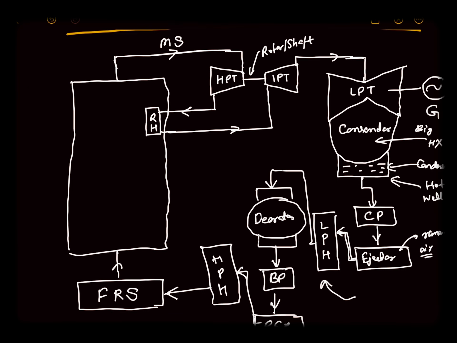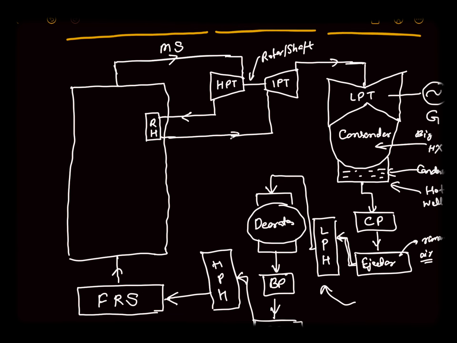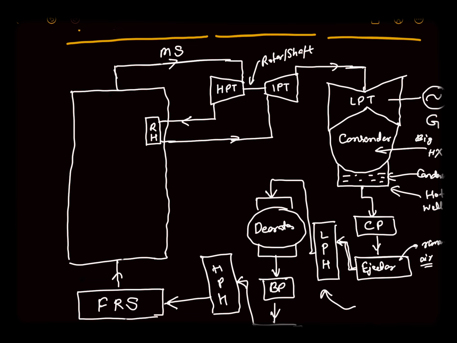From the feed regulating station, the water goes to the economizer, in which the water is warmed with the help of the boiler.